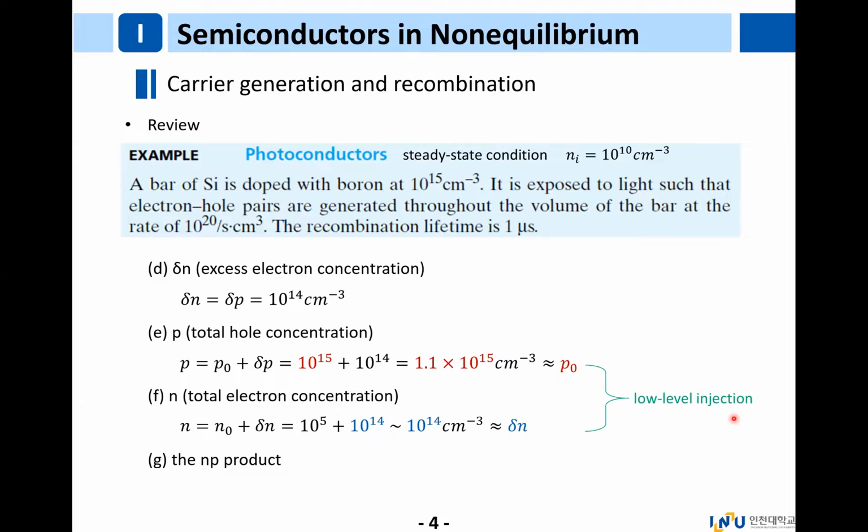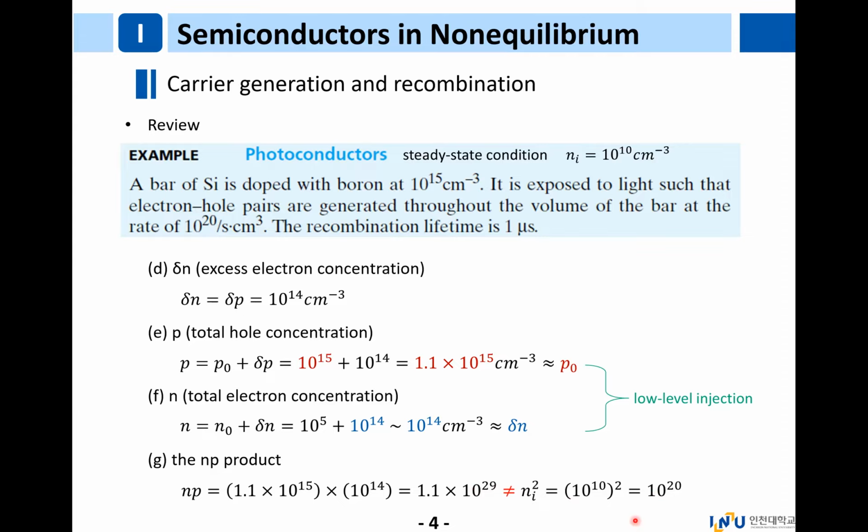And finally, let's multiply the concentration of electrons and holes. While the scale of Ni squared is 10^20, we can observe a significant difference.